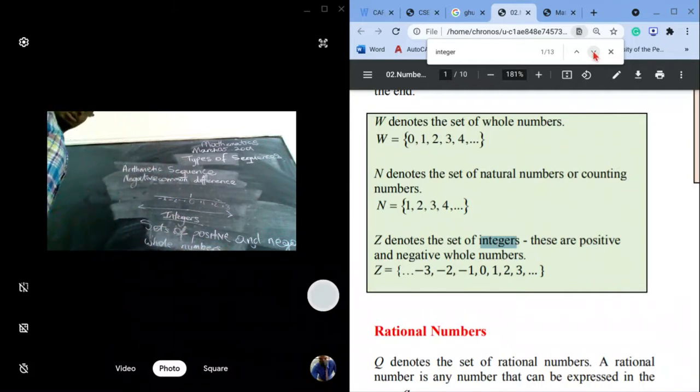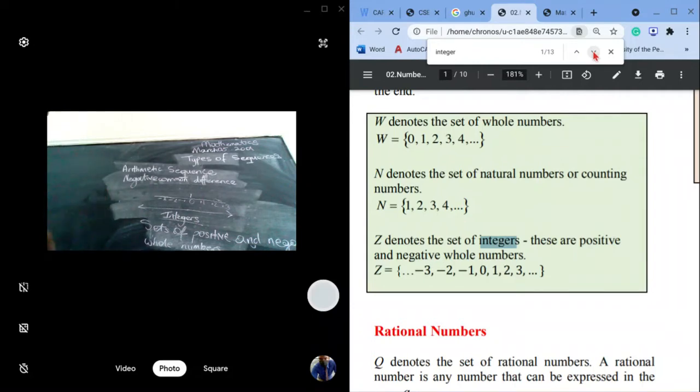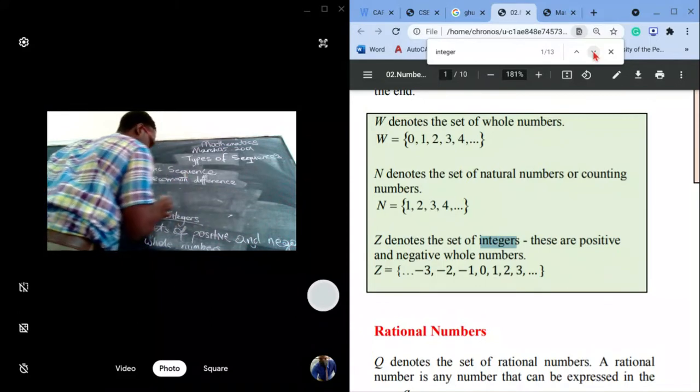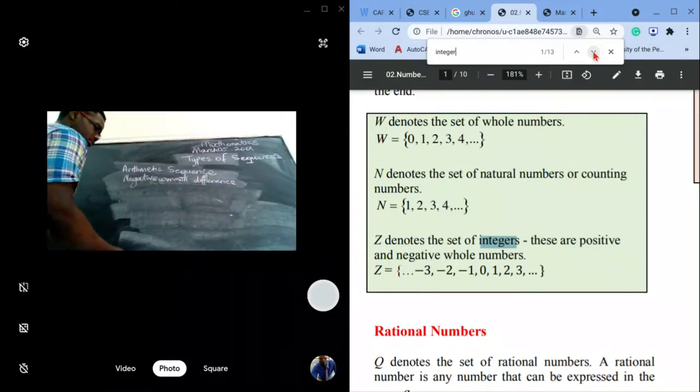Okay, excellent. Now that we know what is a positive number and a negative number, let's try to find a negative common difference example for an arithmetic sequence. Let's go. Okay, so here we go.